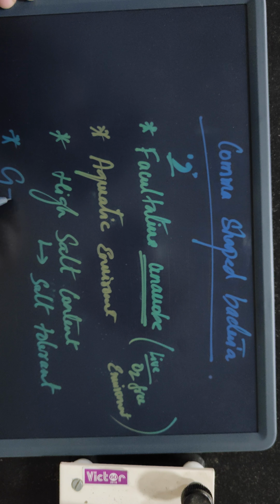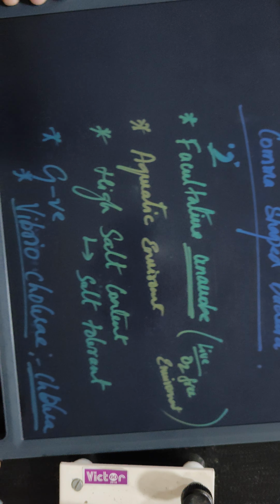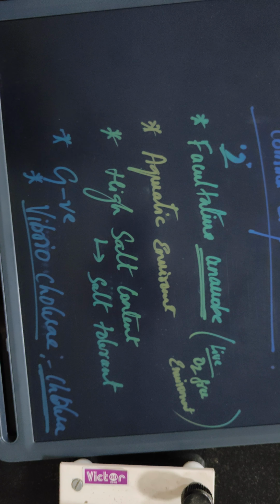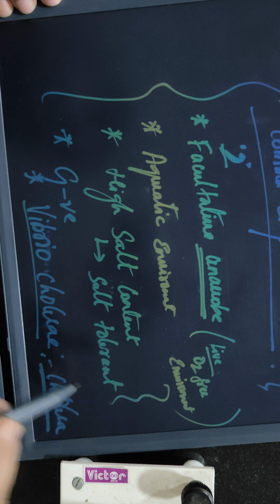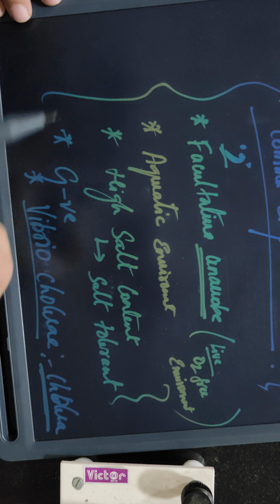Usually they are gram negative bacteria. Example, Vibrio cholerae, which causes cholera. So these are the characteristics of comma shaped bacteria.